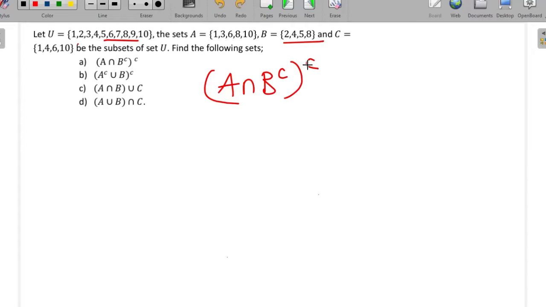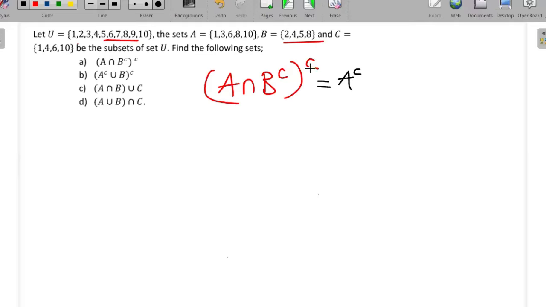So if the complement goes to the A, I'm going to have A complement. If the complement goes to the intersection, it will change it into the union. Master that. If the complement goes to the intersection, it changes into the union. Meaning if a complement goes to the union, it changes back to the intersection.